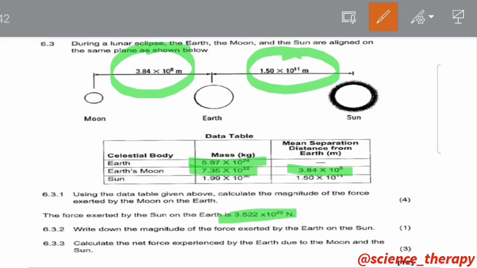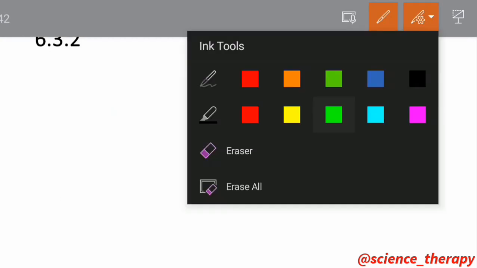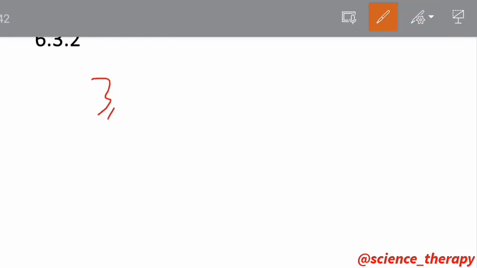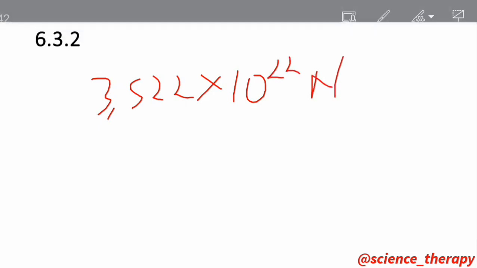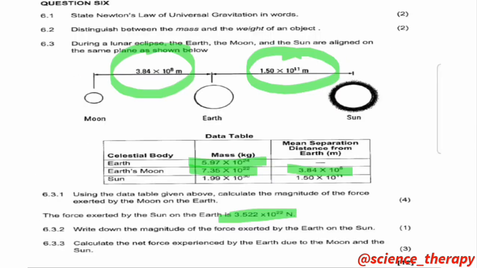That means the force exerted by the Earth on the sun is the same as the force that the sun exerts on the Earth. So for 1 mark, the answer to that one is also 3.522 times 10 to the power of 22 newtons, right? So that's it. Now let's look at the last one.